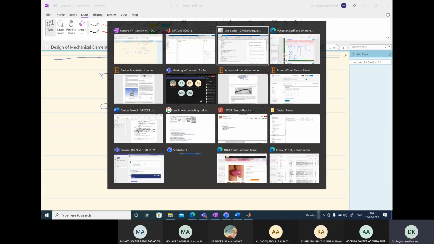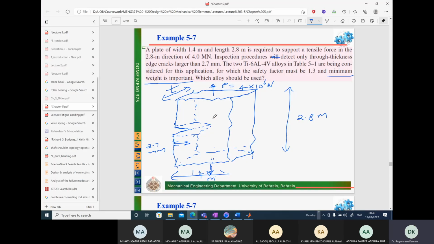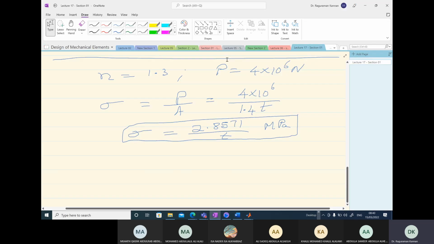Let's go back to the problem now. Here, what we are asked is to choose the material. We must come up with a criterion that will help us here. Since there is a crack of 2.7 millimeters, our a here is 2.7 times 10 power minus 3 meters.